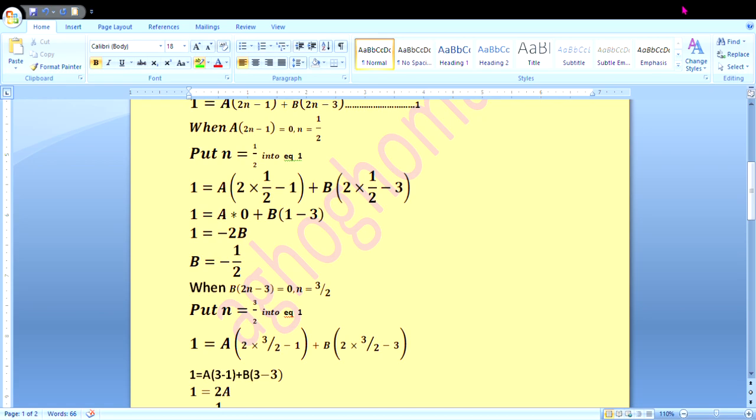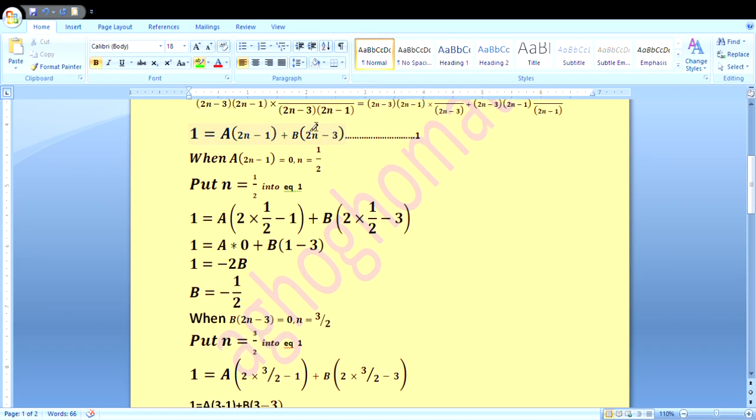Now let's look at the other term there. The term containing B into (2n minus 3) we assume is equal to 0 so that we can obtain the value of A. So there n is equal to 3 over 2. Then we put n equals 3 over 2 into equation 1.